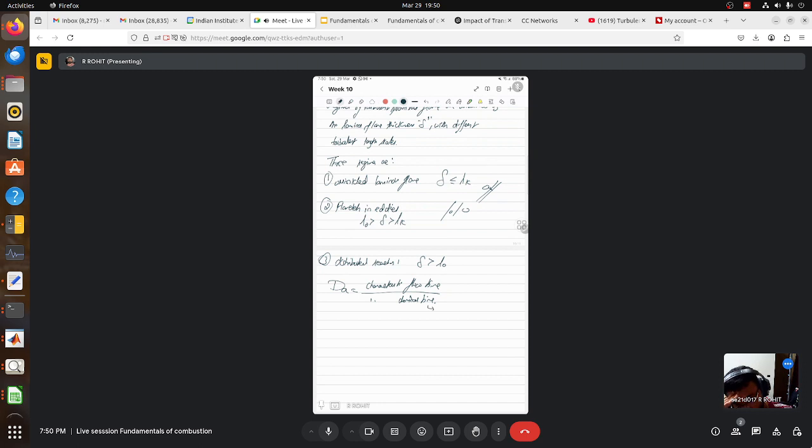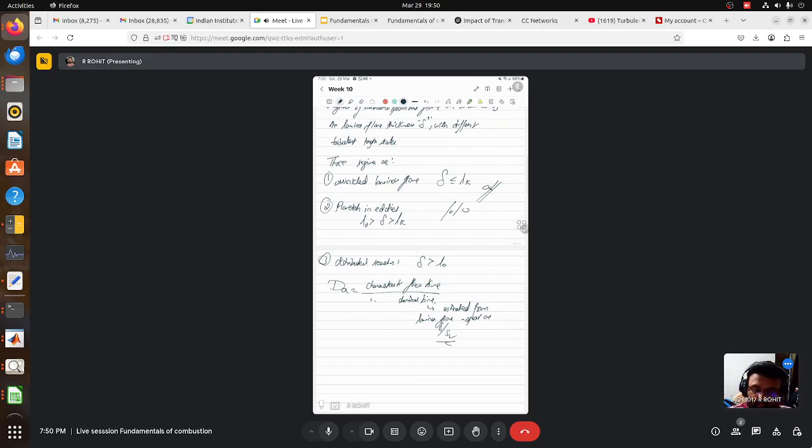Now you need to know the chemical time, which is estimated from the laminar flame speed as delta by SL.